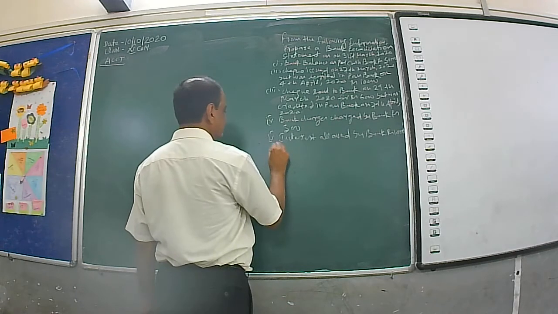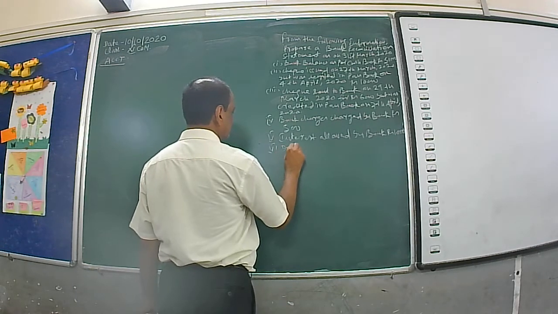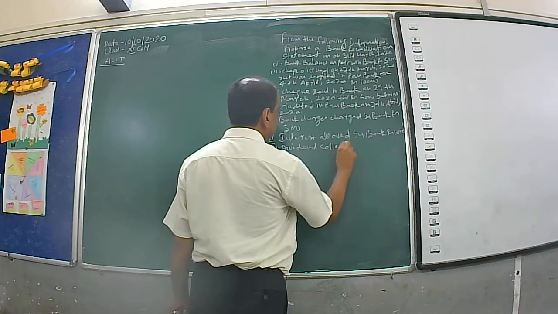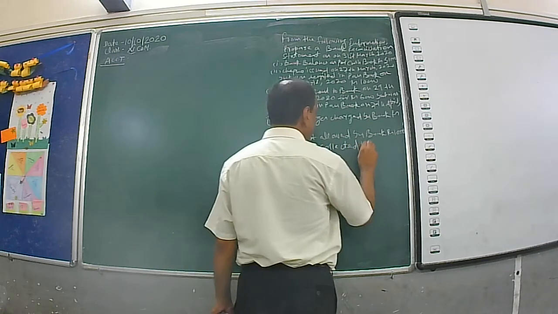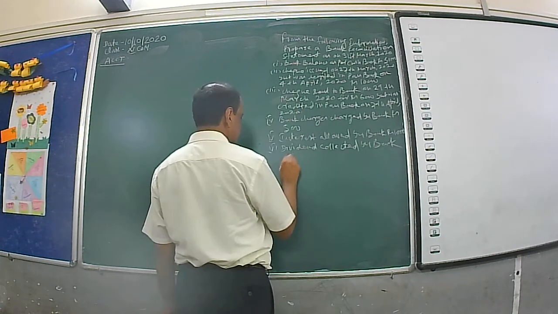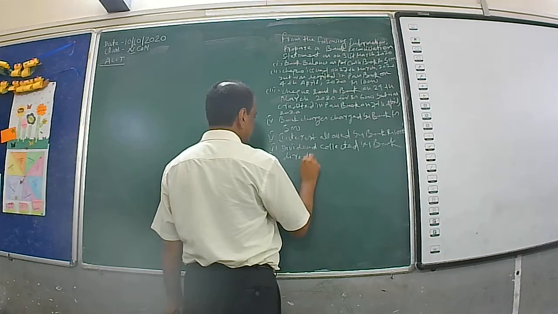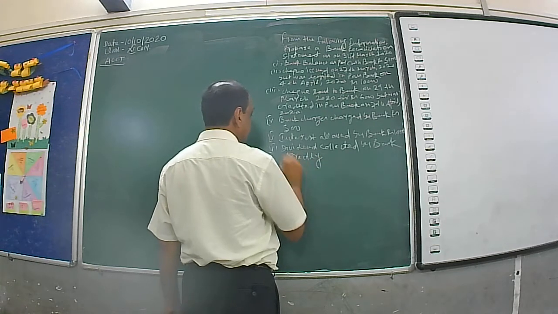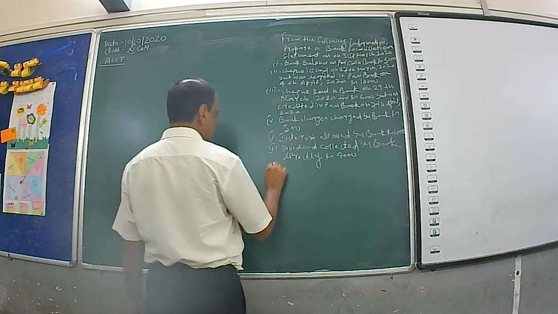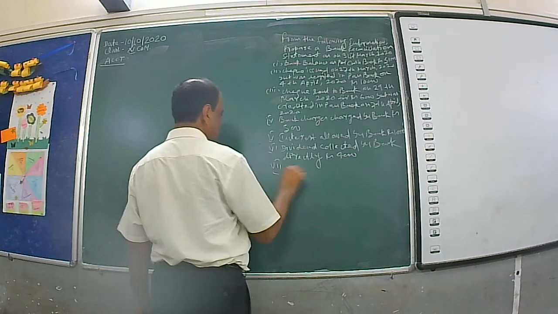Number 6, dividend collected by bank directly rupees 4,000.